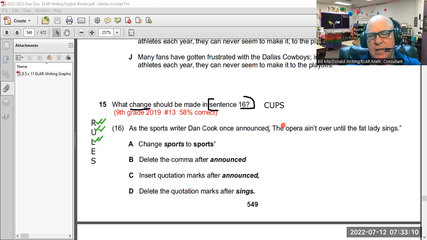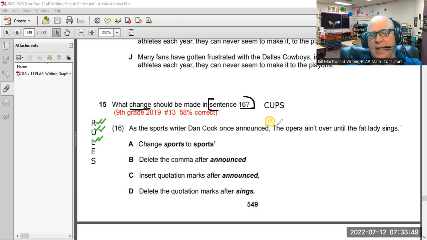So I can already see that there is a quotation mark because when the tag is first, the name of the person who's speaking, the tag has to be followed by a comma, quotation, capital. So I need quotation marks right there. So they should have slowed down and put some quotation marks right there.